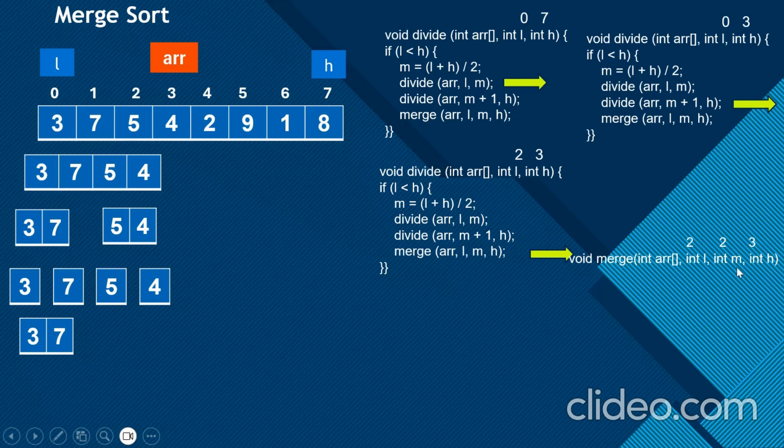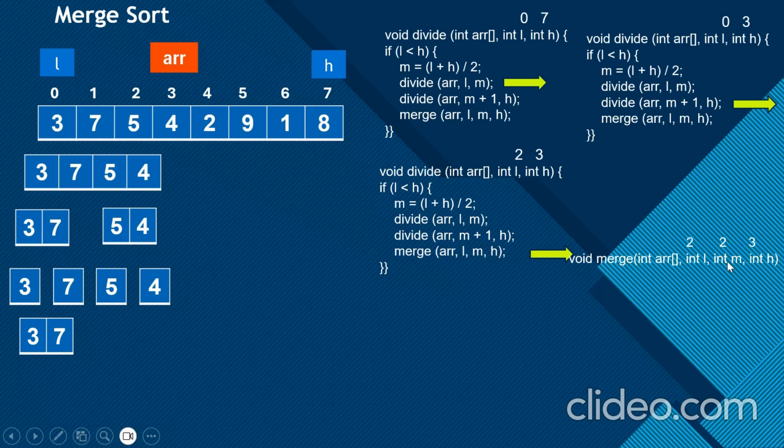Now remember here, the first sub-array starts with 2 and goes up to M. Very important here. It starts with 2 and goes to 2.